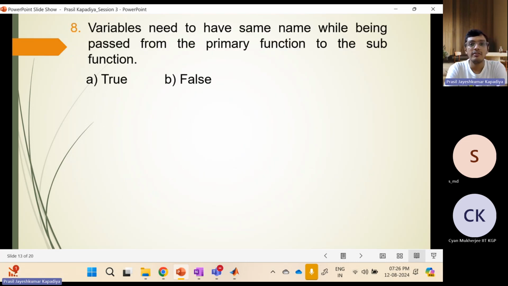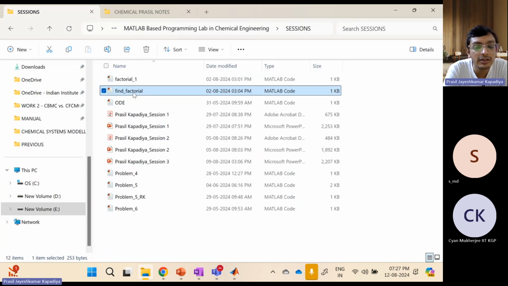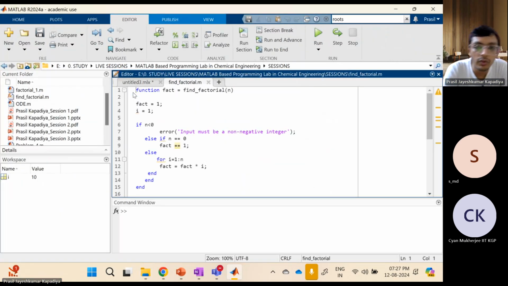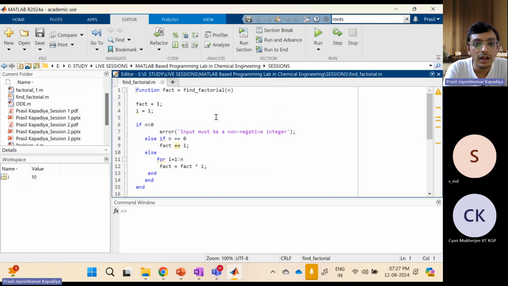Okay, next question: variables need to have the same name while being passed from the primary function to the subfunction. Let's take that factorial example again and try to understand. This is my function find_factorial.